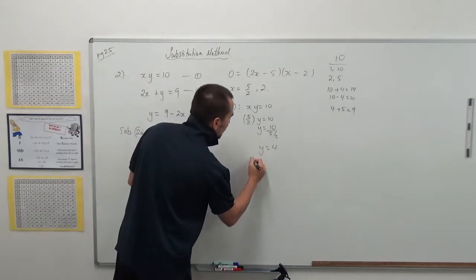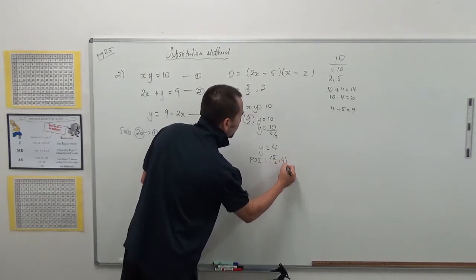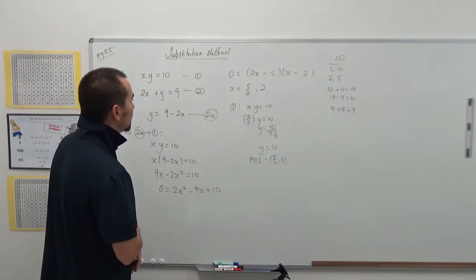So the point of intersection in this case is 5 over 2, 4.